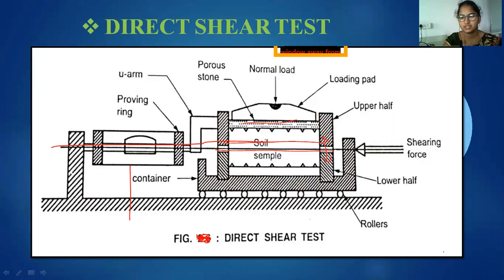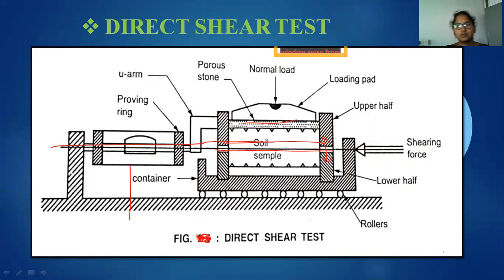Now let us discuss the procedure step by step involved in the determination of the direct shear test. So here we can take the direct shear test. This is the slow method and the quick method.